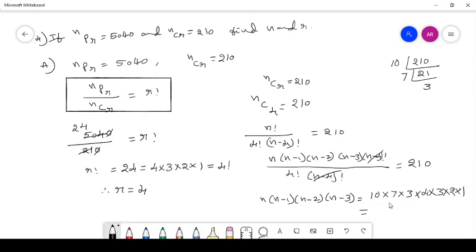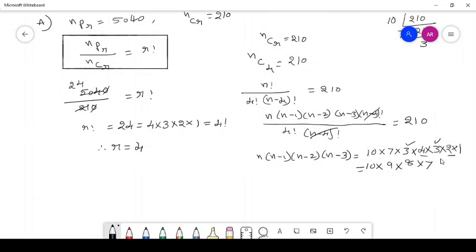So this is 10 into 3 3s are 9 into 4 2s are 8 into 7. Comparing LHS and RHS values, the largest integer is 10. So therefore N is equal to 10. Here the value of R is 4 and the value of N is 10. Okay. Next.